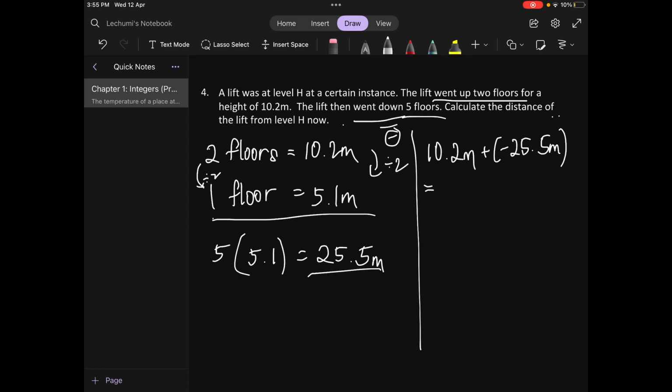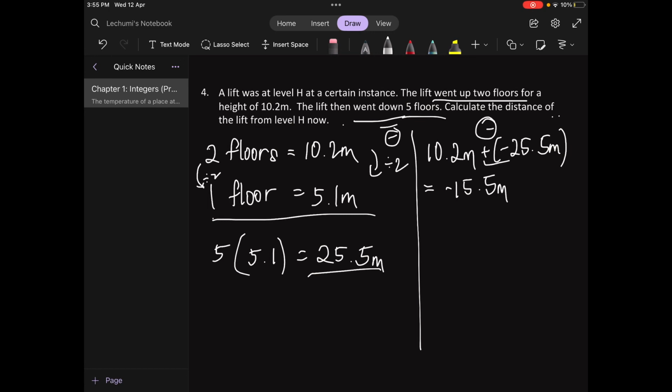From the previous video, we know that when plus and minus come together, it's going to be minus because not same signs. So it's just essentially 10.2 minus 25.5, which we get negative 15.3 meters.